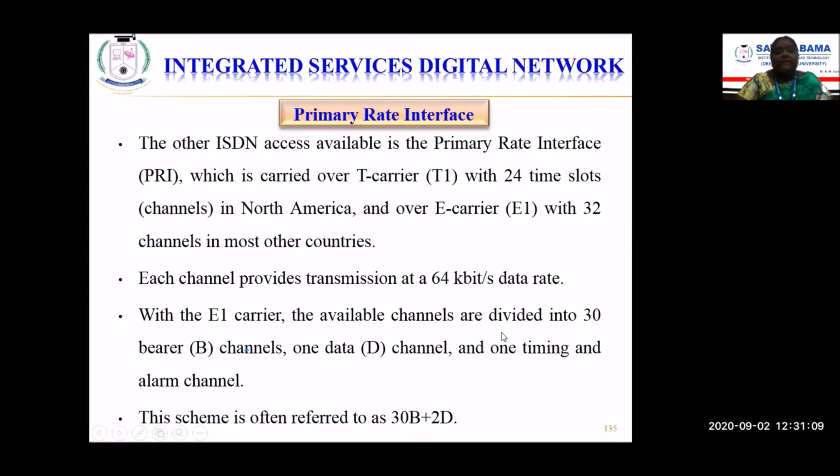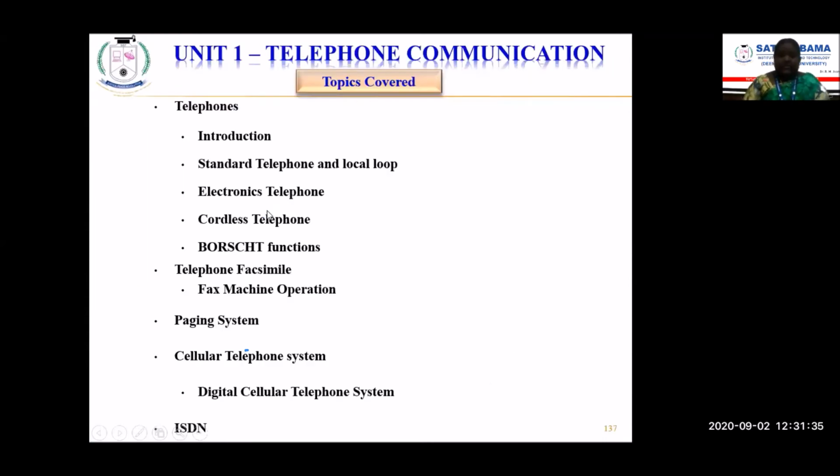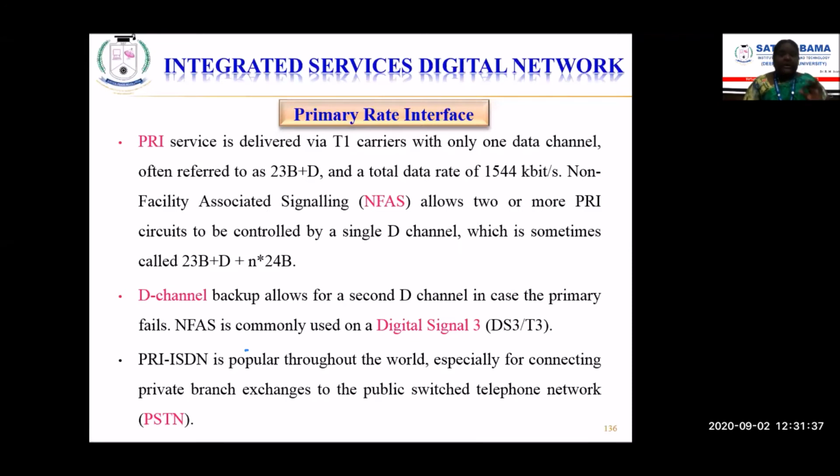E1 has 30 bearer channels and one data channel, often referred to as 30B plus 2D, 30 bearer channels and 2 data channels. Accordingly the data rate will vary. These are some of the features of the primary rate interface. I'm rushing quickly because I need to conduct a class. So this is all about the ISDN.